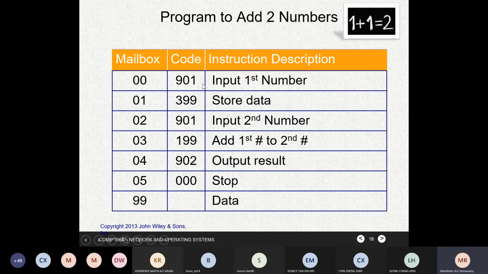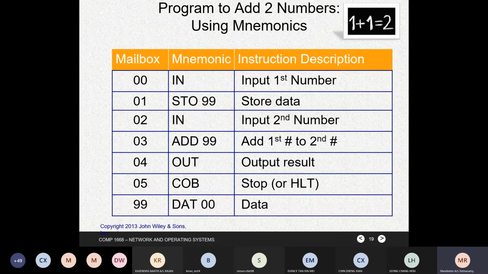Instead of using code, the other option is using mnemonic symbols. Same program to add two numbers using mnemonic. You have the same mailboxes, same instruction. What is different is you are using mnemonic instead of code.